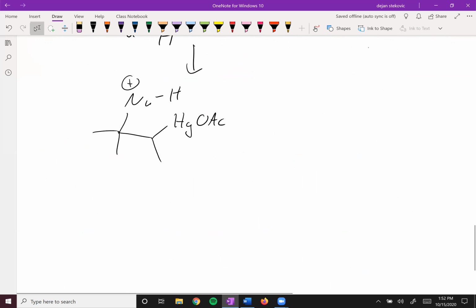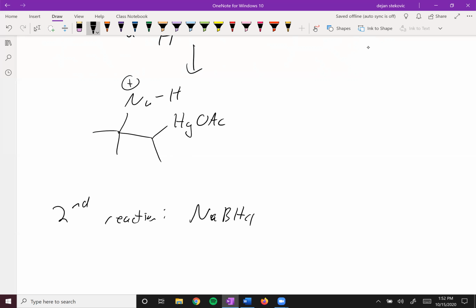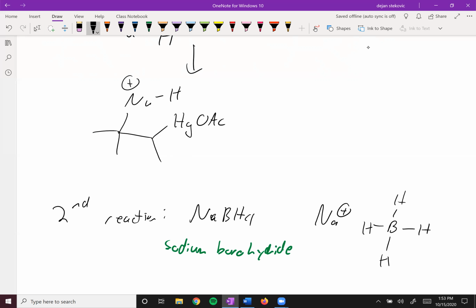And so now in the second step, we do the demercuration. To use this, we add some sodium borohydride, which is NaBH4. And it looks like this, Na plus, BH, H, H, H minus.